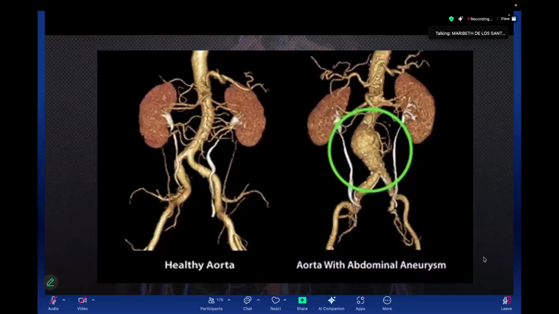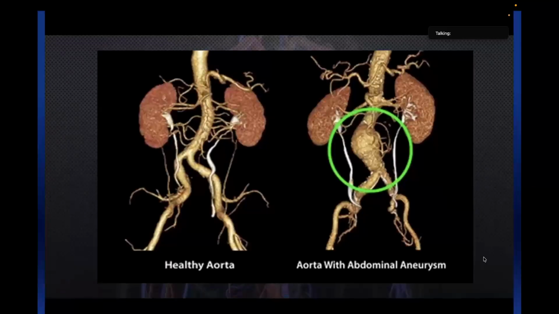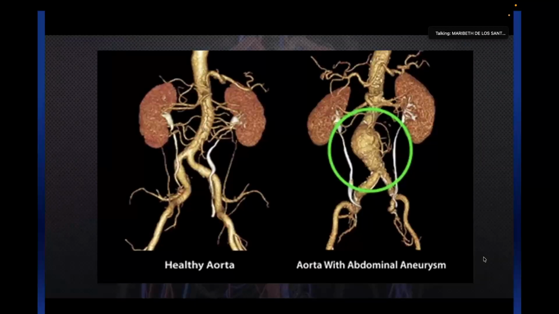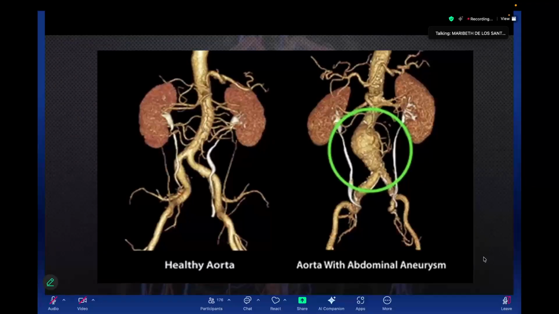And this is aorta with abdominal aneurysm. Okay, so this is the CT scan rendering. An aortic aneurysm can dissect or rupture, and the force of blood pumping can split the layers of the artery wall, allowing blood to leak in between them.